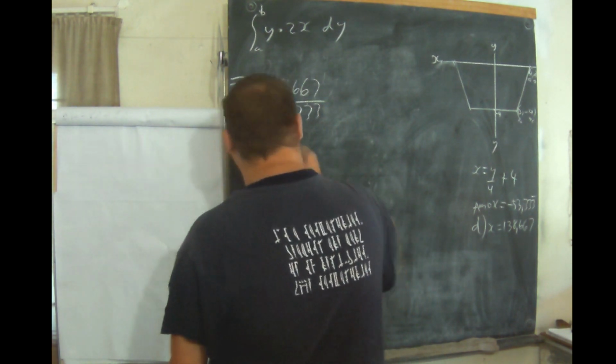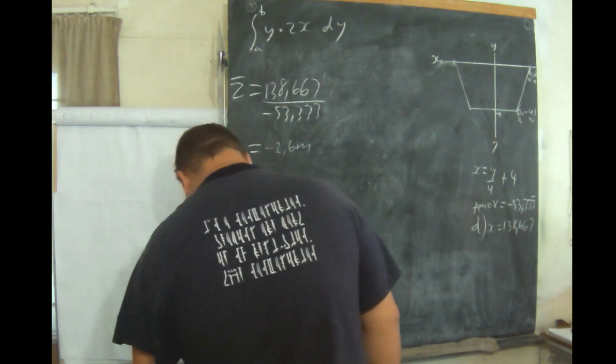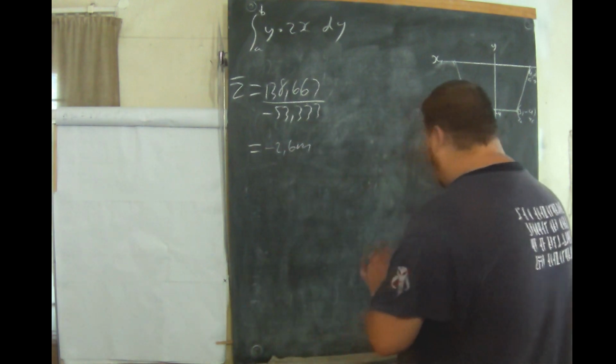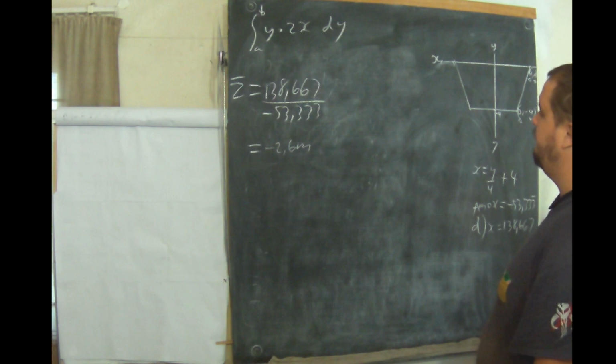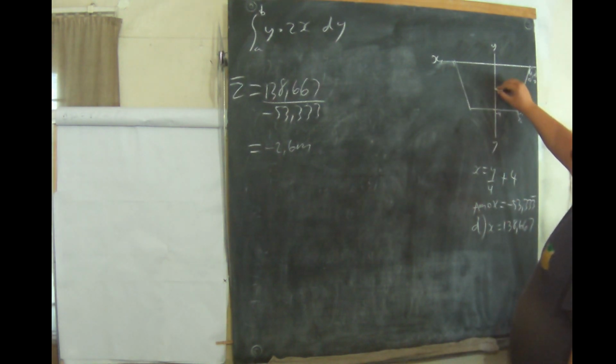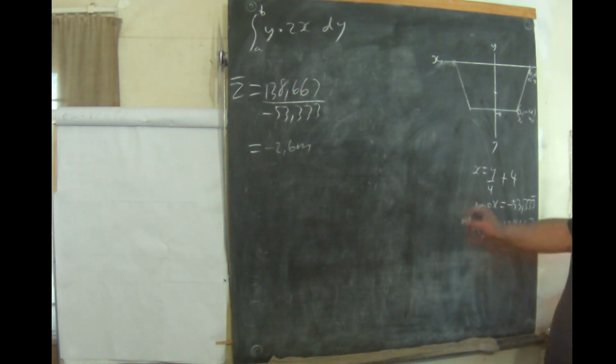And this answer is minus 2.6 meters. Now, as we know, this is Z-bar, so on here, that's minus 4, so minus 2 is nearly halfway. So your point of pressure will be just below halfway. That'll be your point of pressure. It'll be your maximum point of pressure in this system here.